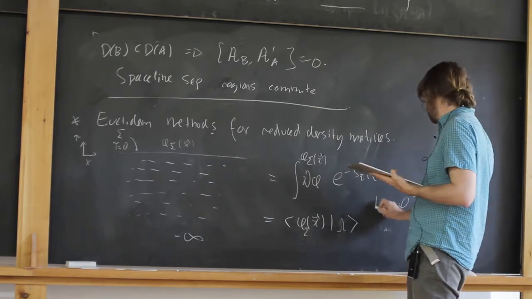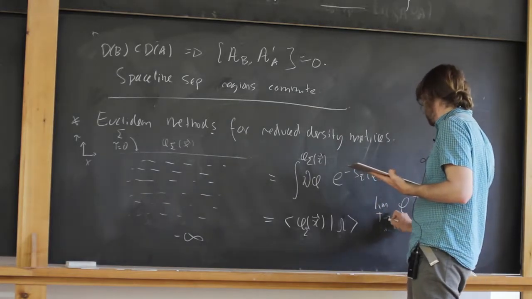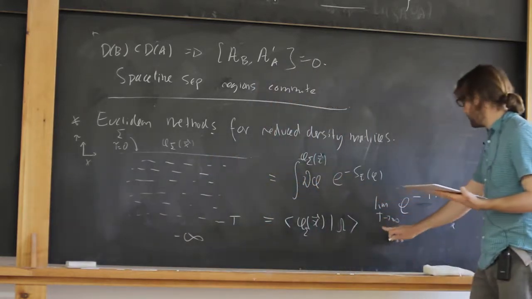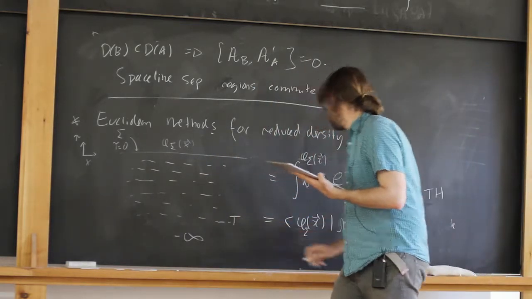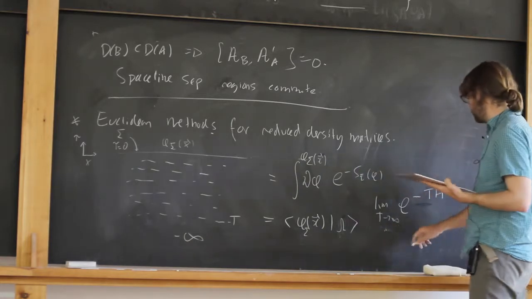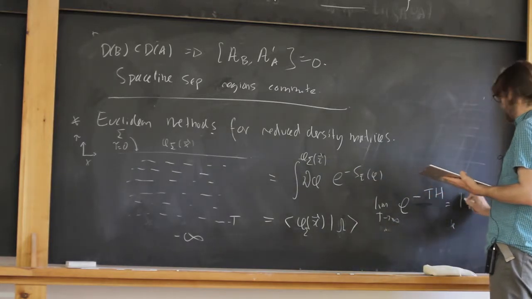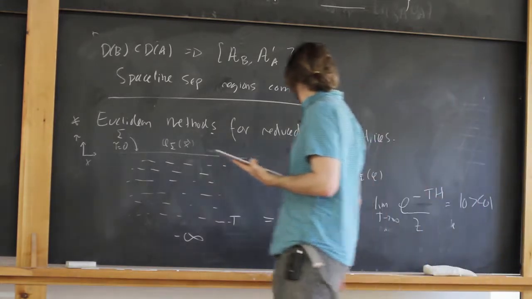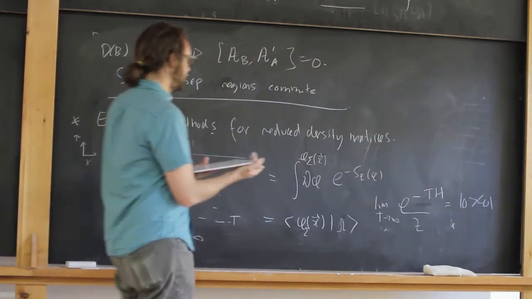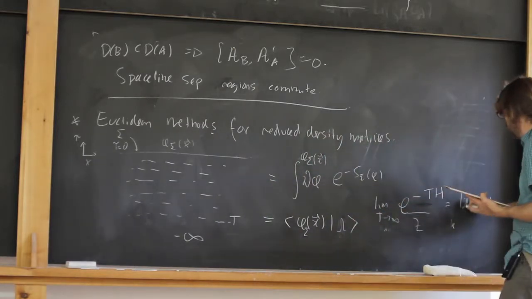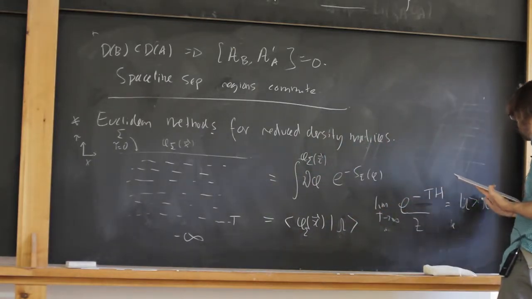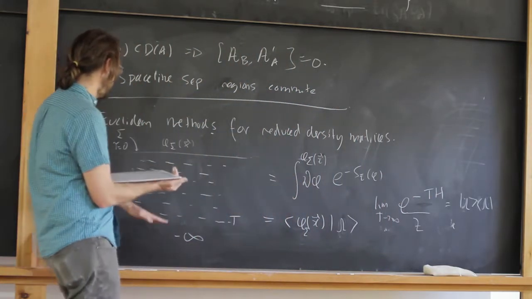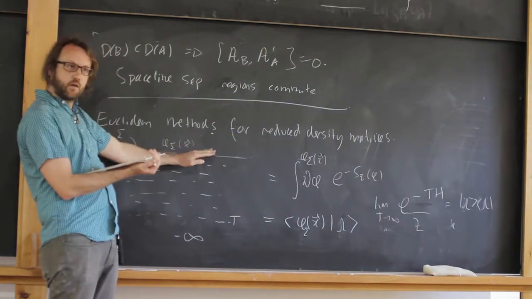And then I take the limit as t, some time where I cut it off, if I take that time, minus t, to infinity, then this just becomes a projector onto the ground state if I pull out some normalization. So that's all that's happening: this path integral is projecting onto the ground state if I don't insert anything here.